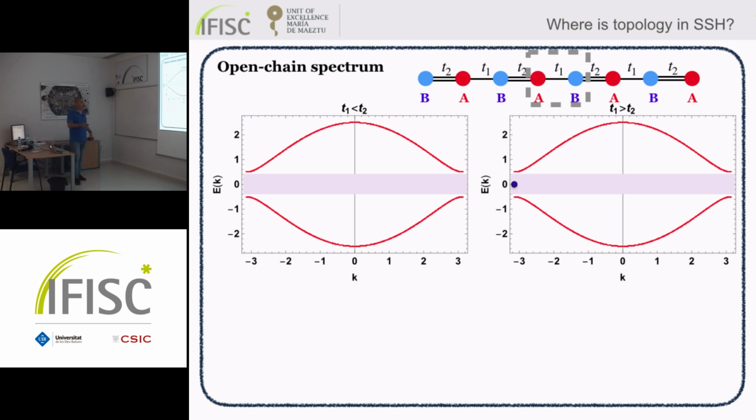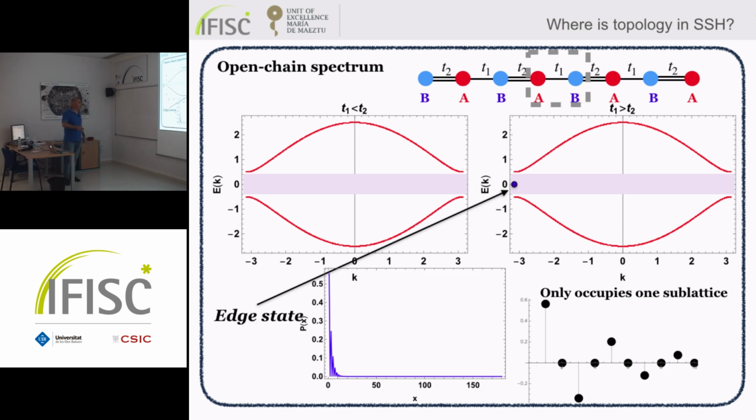In the other phase, you find two eigenvalues here in the middle of the band, with energy that is exactly 0. If you calculate the eigenvectors corresponding to these localized eigenvalues, it's just an edge state.